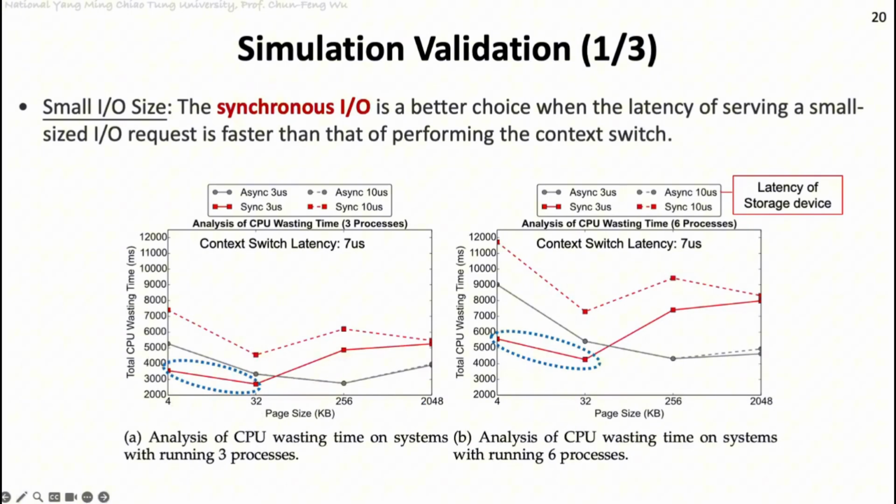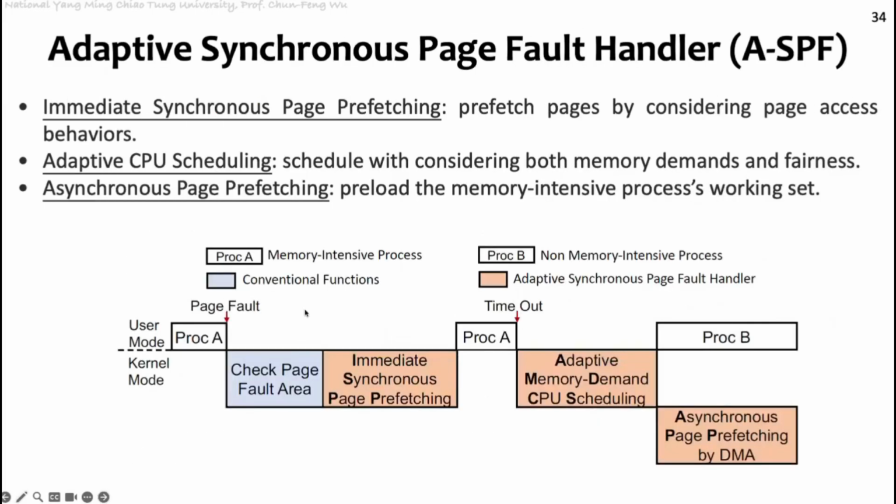That is why in the synchronous I/O case we do the prefetching. And the asynchronous one is when a process does a context switch to another process, we do asynchronous page prefetching.